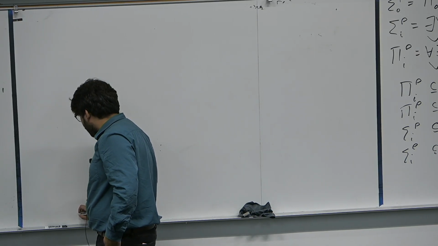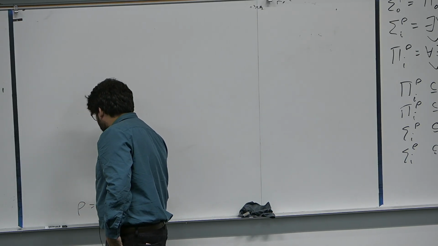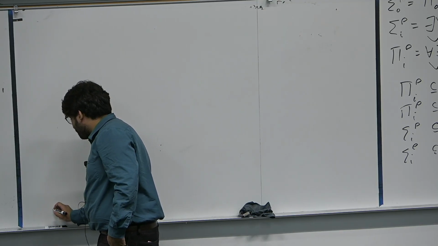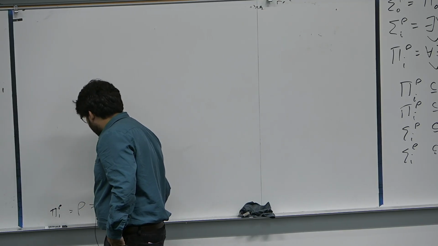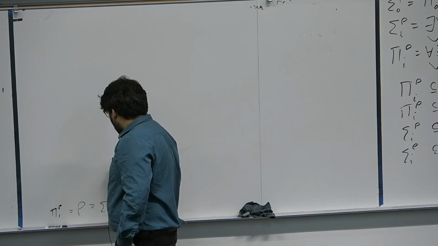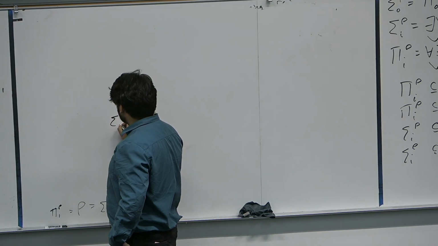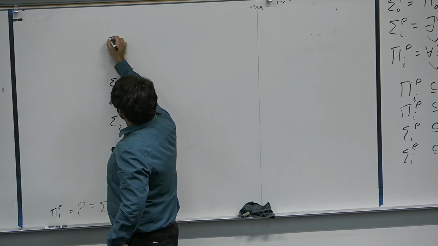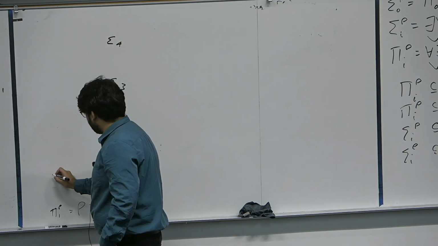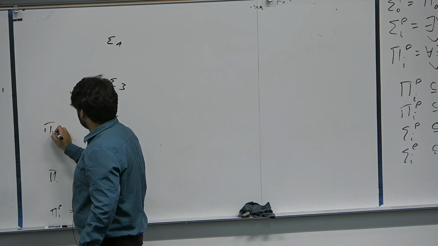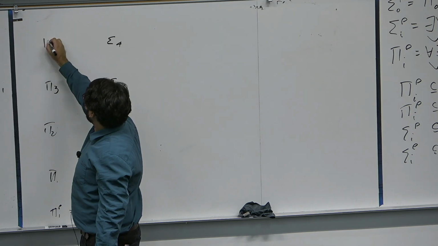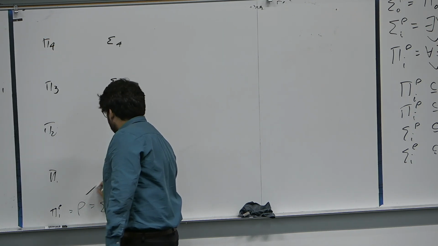If I were to draw it again, we put P here, which is sigma 0, which is equal to pi 0. And then from there, we generalize to get sigma 1, sigma 2, sigma 3, sigma 4, and so on, and pi 1, pi 2, pi 3, pi 4. Let's just draw our arrows.